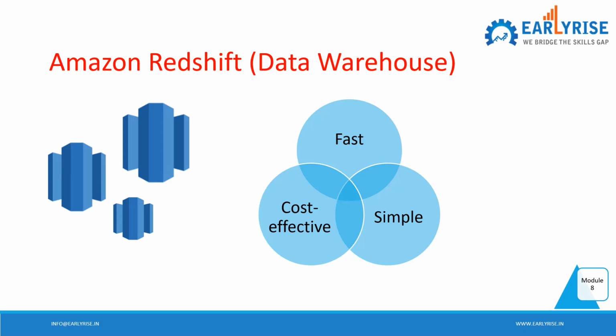That will be especially for a huge number of CPUs, and all SSDs and those kind of storage, but huge RAM also will be there, so that whatever result sets come will be lying in the RAM itself. So it will be highly available, and in parallel.